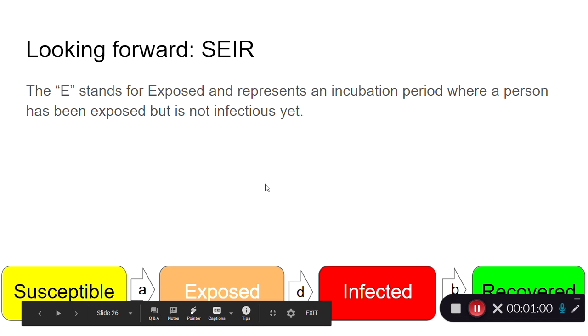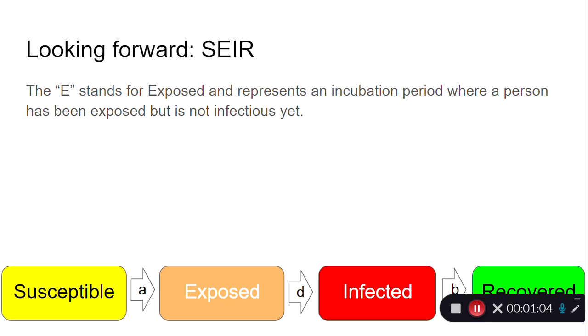So this is useful for describing diseases like COVID-19, where you can be exposed to somebody who's infected and you don't show any symptoms and you're not necessarily contagious for a bit, but you're definitely carrying it. And so there's this in-between compartment between susceptible and infected.